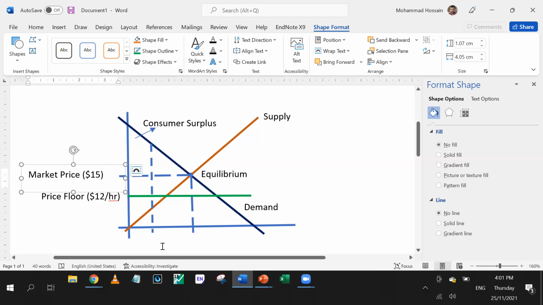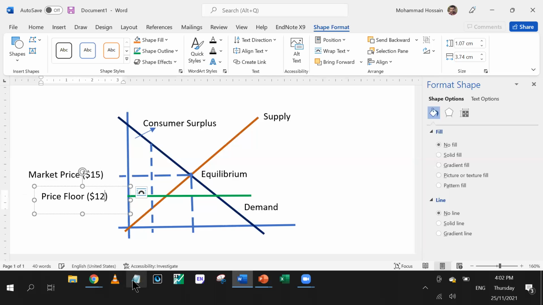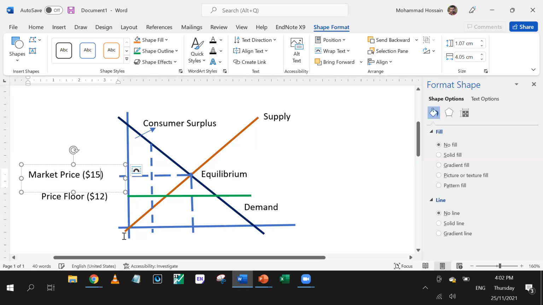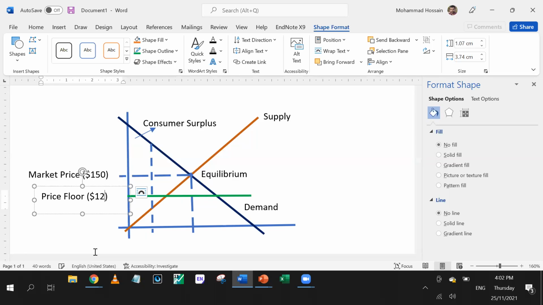Let's say, not hourly anymore, this is rent, for example. Rent for a house is, let's say, $150 a week. Government is saying no, it should be $120 a week, maximum. So this is known as a price ceiling.